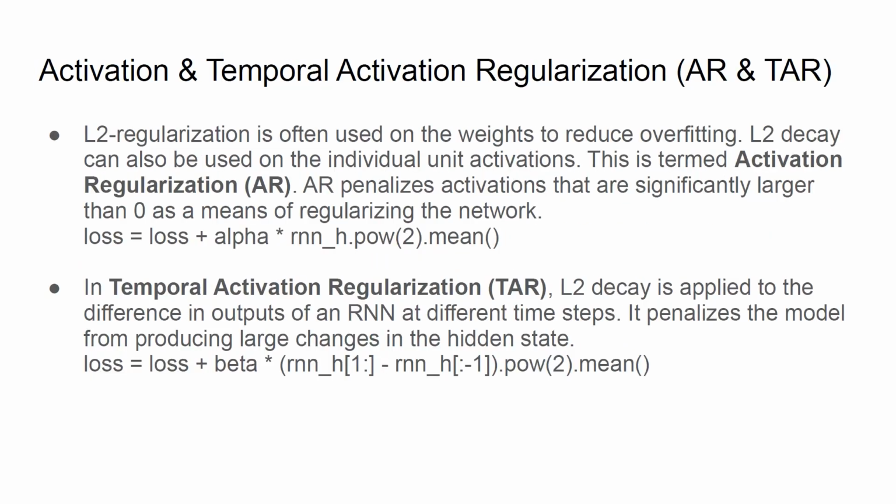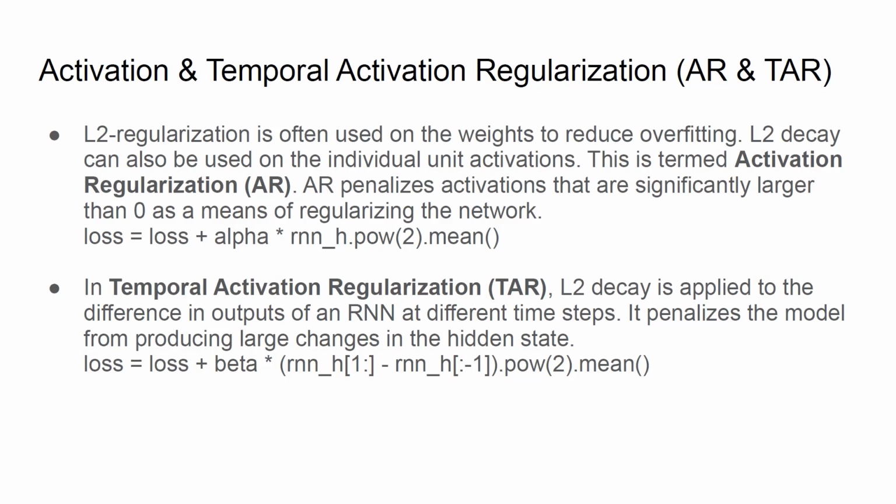Finally, let's talk about activation and temporal activation regularization. L2 regularization is often used on the weights to reduce overfitting. L2 decay can also be used on the individual unit activations. This is termed activation regularization, abbreviated AR.